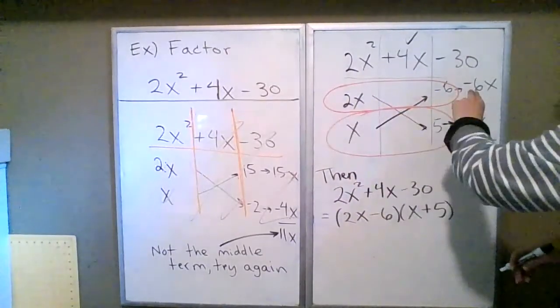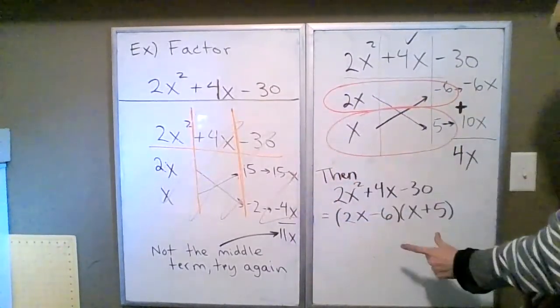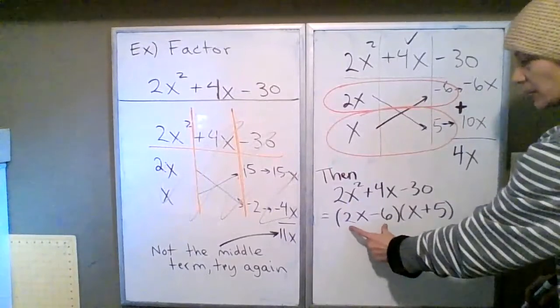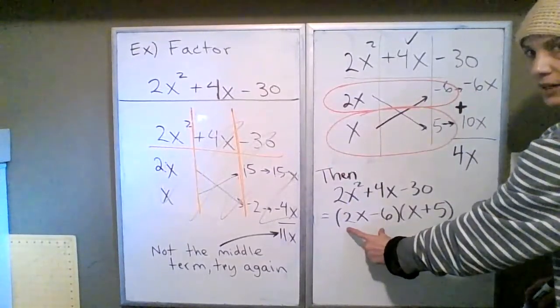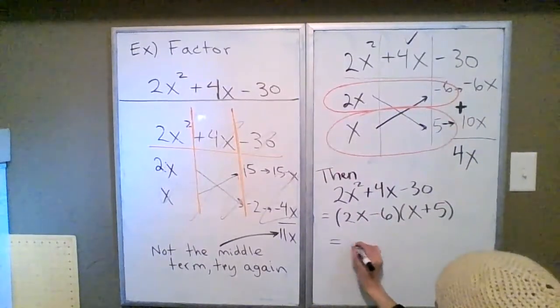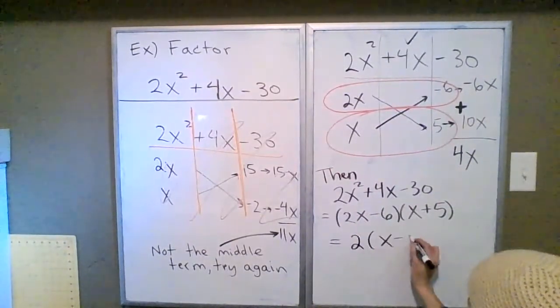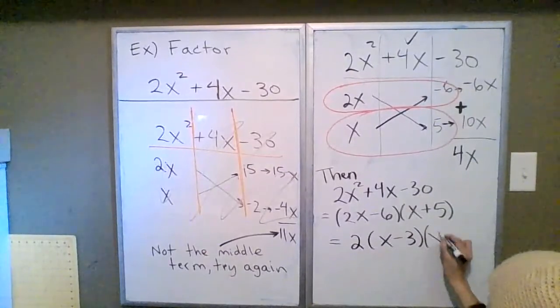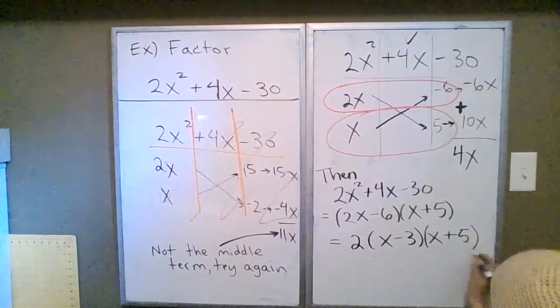So take that row, multiply it with that row, and that's your factored form. But also from this first factor, we can factor out a 2. So we're going to take the 2 out of this first pair of parentheses, which leaves x minus 3. And you also have that x plus 5.